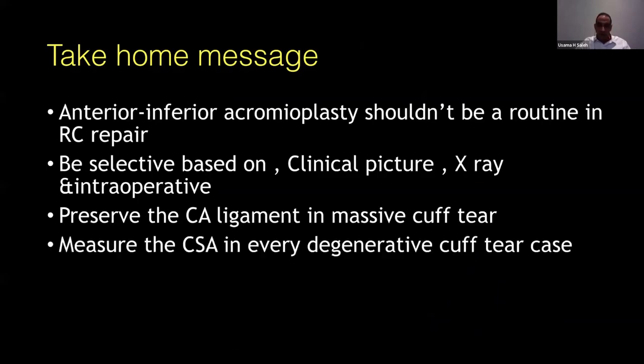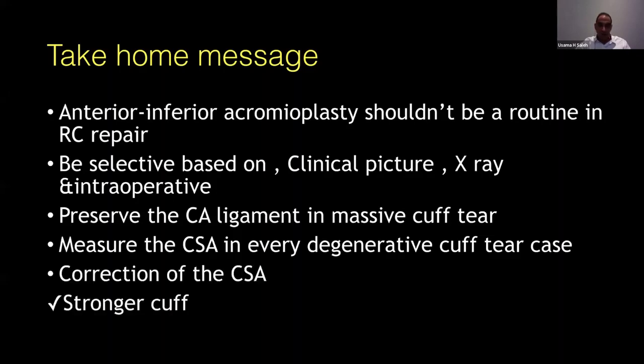Try to measure the critical shoulder angle in every degenerative cuff tear before surgery with a true AP. If you correct the critical shoulder angle, you will end up with a stronger cuff and decrease the re-tear rate. Thank you very much.